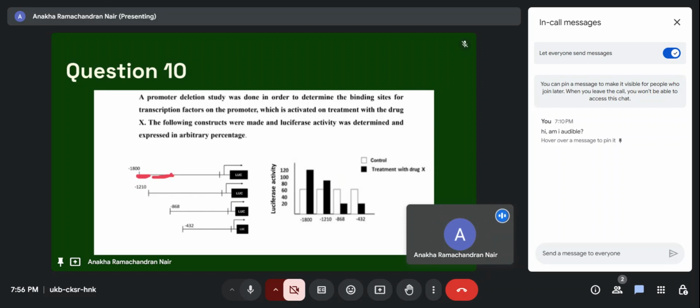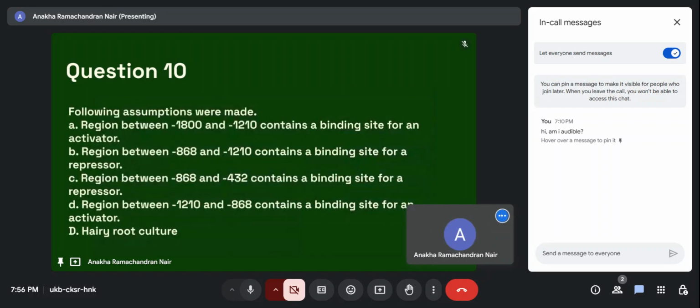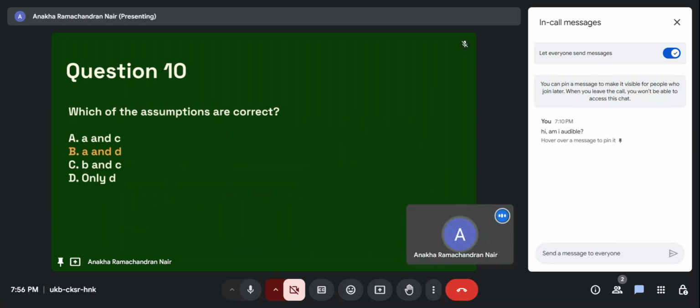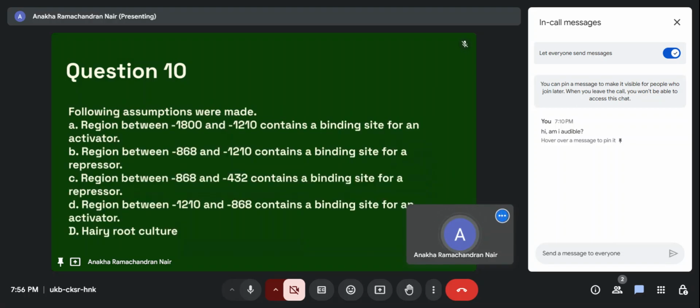So the correct answer is option B, which stated that A and, sorry, A and D, this region had a binding site for an activator, right?